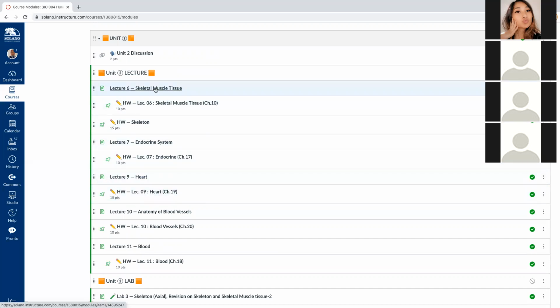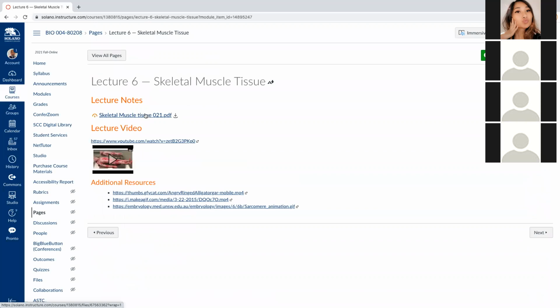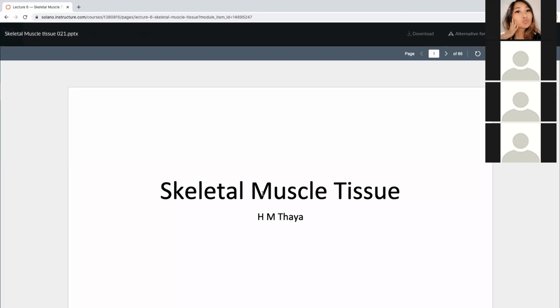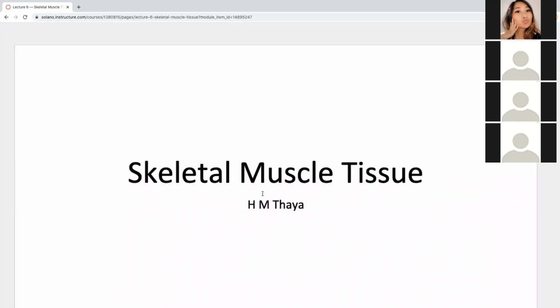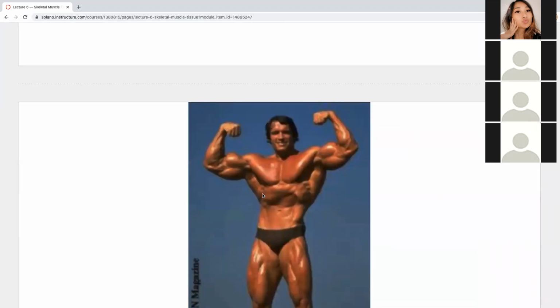Let's go to the skeletal muscle tissue. So yes, a lot of muscles.